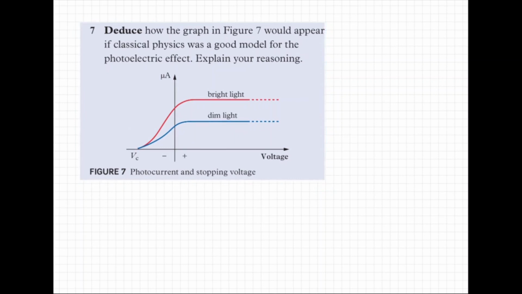This is a tricky one, and I'd encourage you to have a conversation with the person next to you, and maybe even jot down a few of the summary points that are relevant to this discussion. So what was the classical physics? And what would we expect if classical physics was actually describing the photoelectric effect?